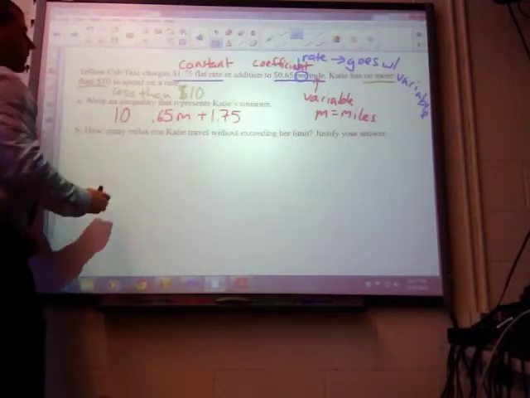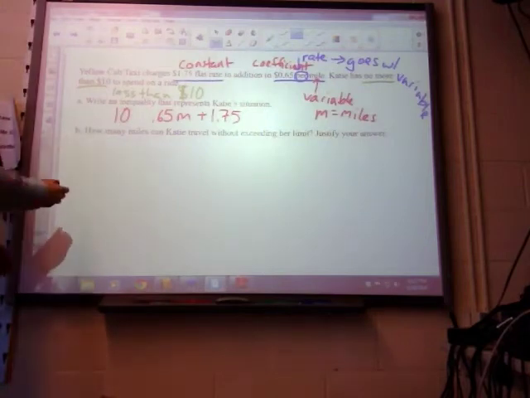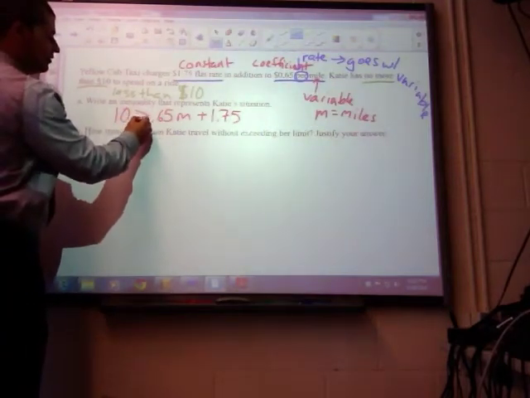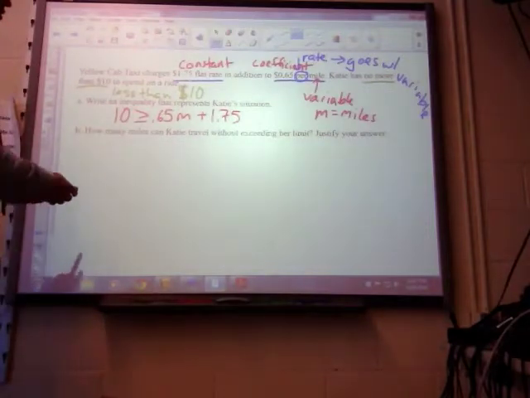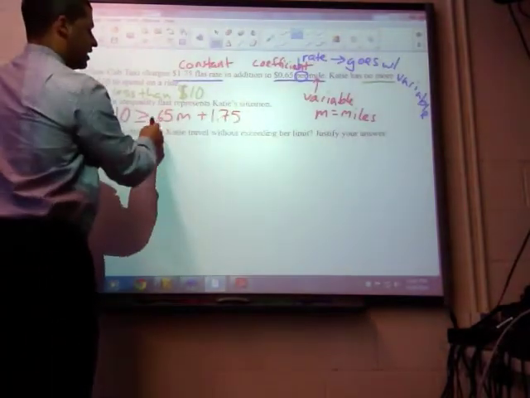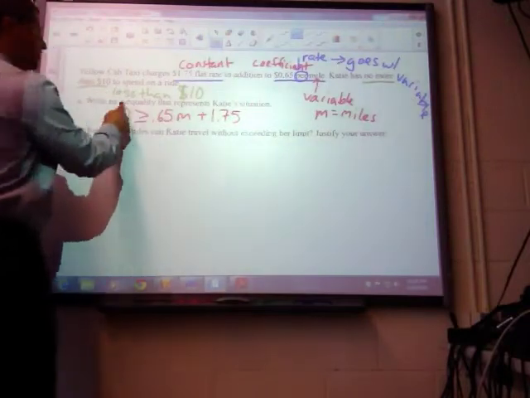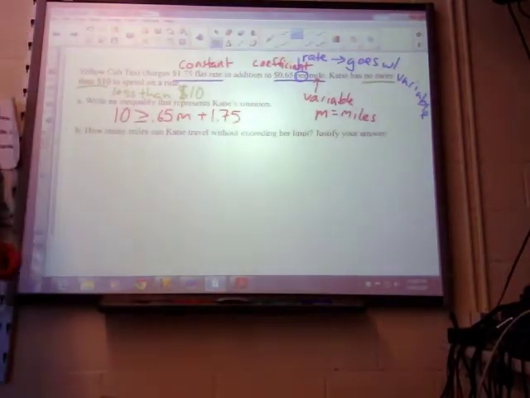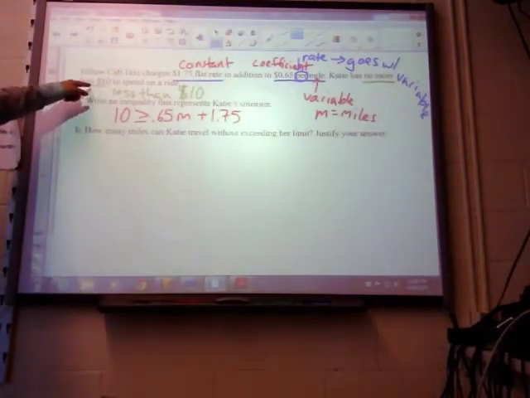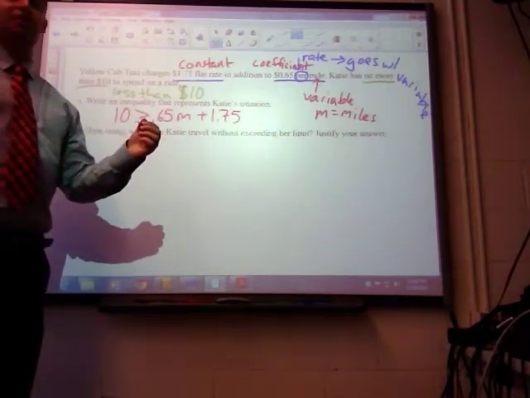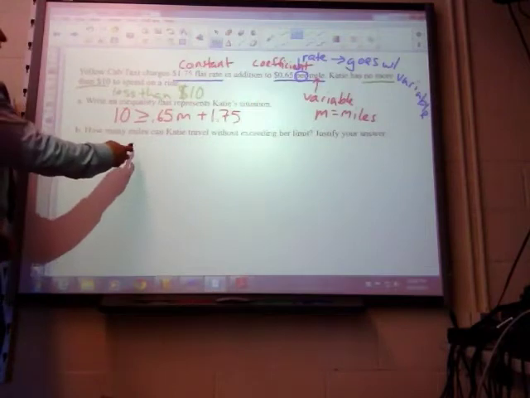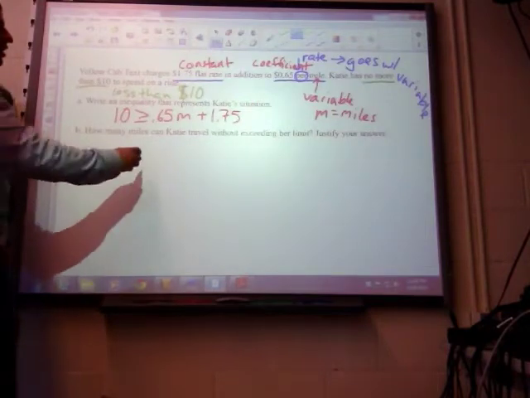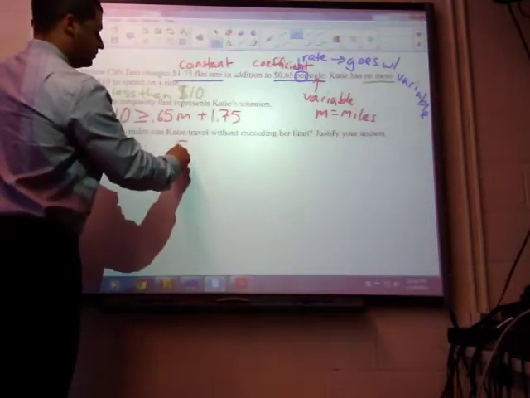So if $10 is the most we have to spend, it's got to be less than or equal to $10. So the amount that we spend on the cab has to be less than or equal to $10. It's less than or equal to because it says no more than $10, meaning we have $10, but we don't have more than that. So then we're trying to figure out how many miles she can travel, and all you would do is solve this for m.